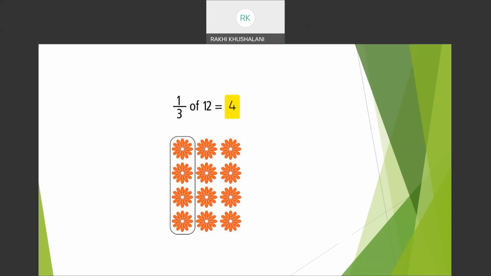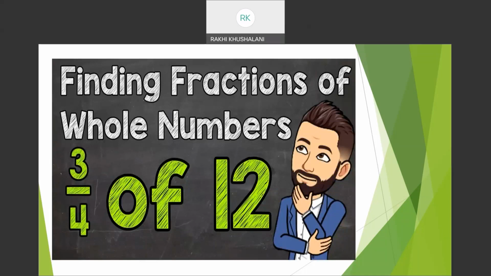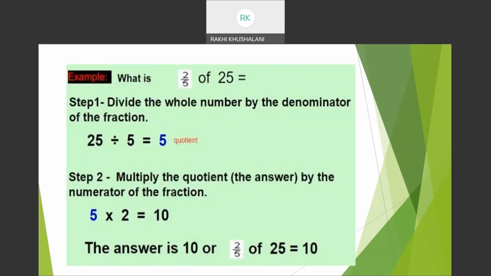And I want to know how much 1/3 of that 12 is. It is 4. So 1/3 is a fraction of the whole, 12 is the whole, and the answer is 4. Now, exactly what are the steps?